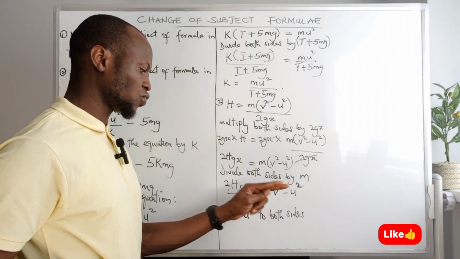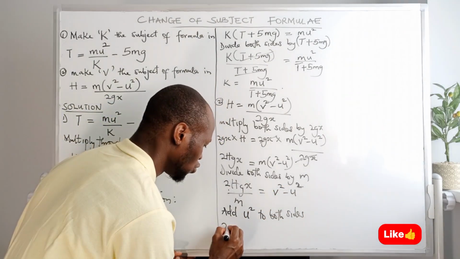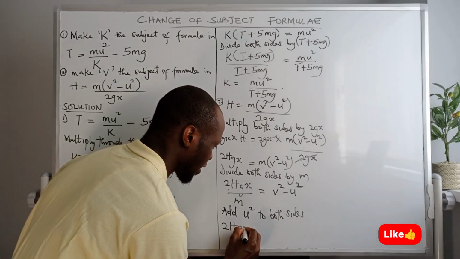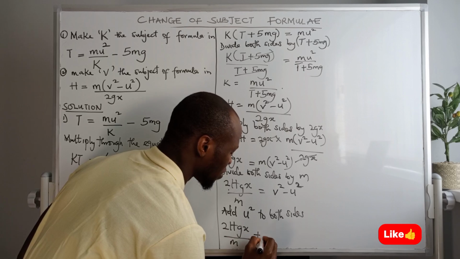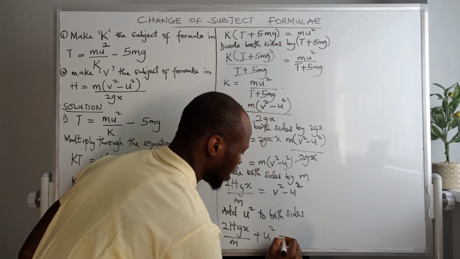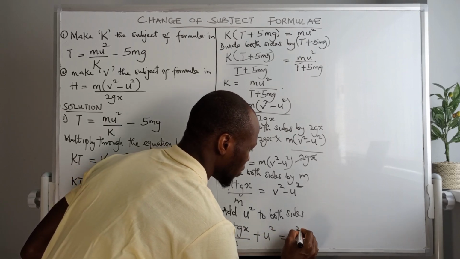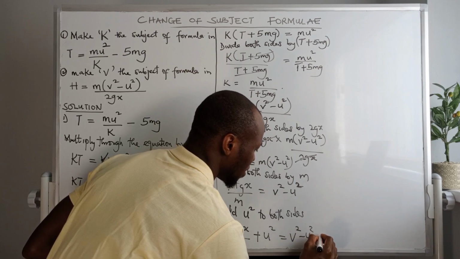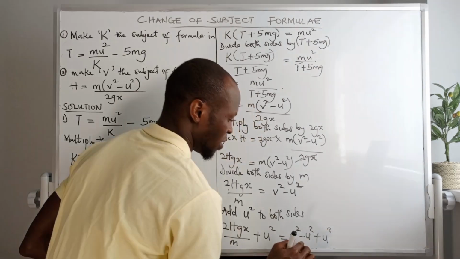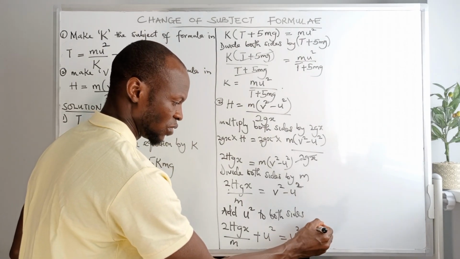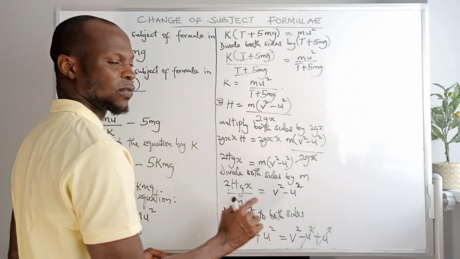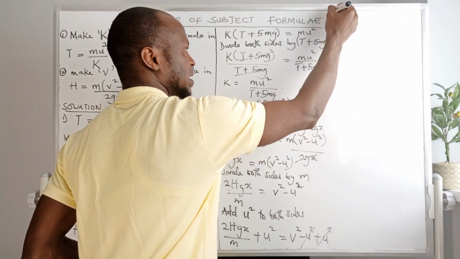If I add u squared to both sides, I have 2hgx all over m plus u squared equals phi squared minus u squared plus u squared. Minus u squared plus u squared will give me what? They cancel. Okay, so I'll be left with phi squared.